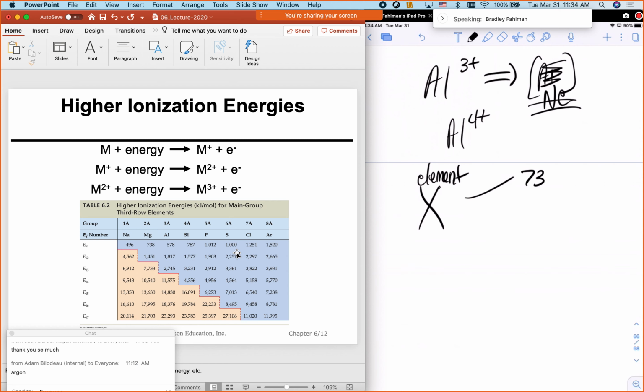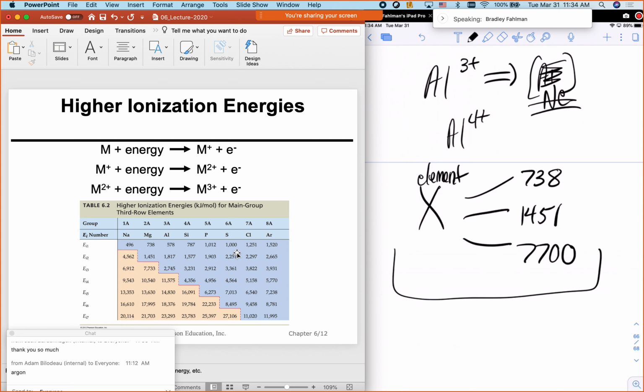So for instance, 738, 1451, and 7700. It'll ask you, what is its most stable oxidation state or its charge? You would look at this and say, okay, it's increasing, and then it increases big time. So this would be that. That would be in group 2, for instance, so magnesium 2 plus.